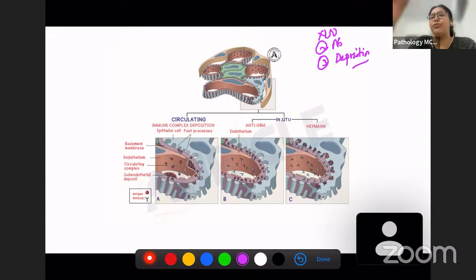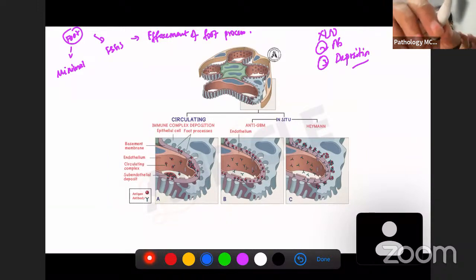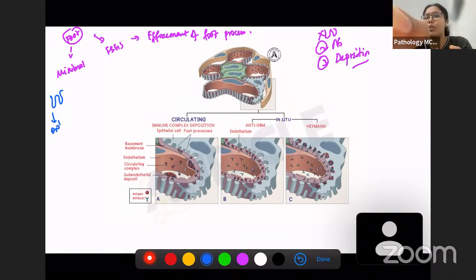So for damage of foot processes, you have to remember minimal change disease and FSGS. In these two conditions, you will see an effacement of foot processes. As I already told you, our foot processes are responsible for protein handling.